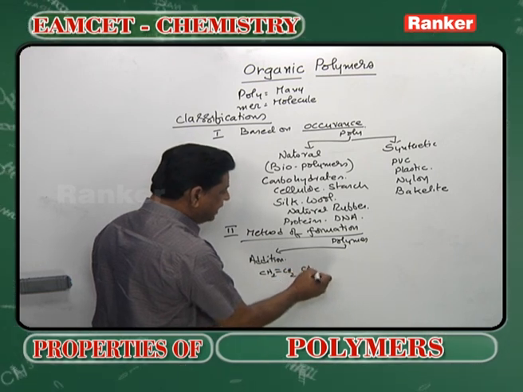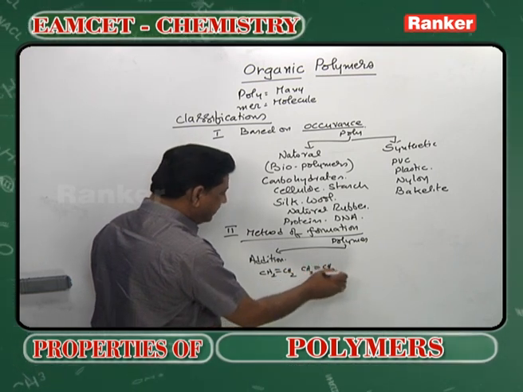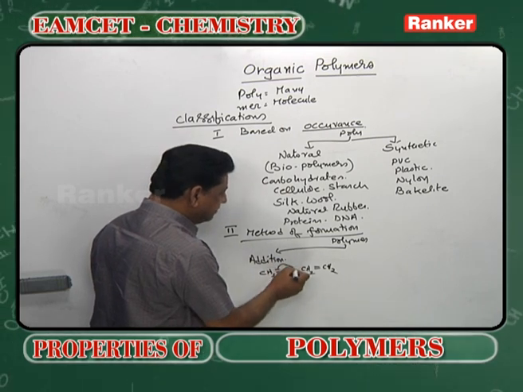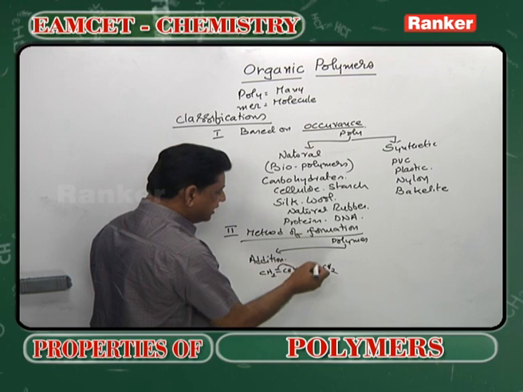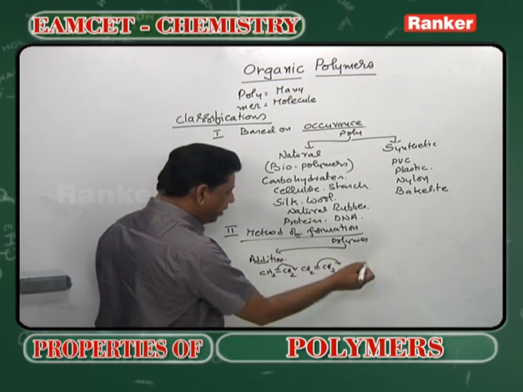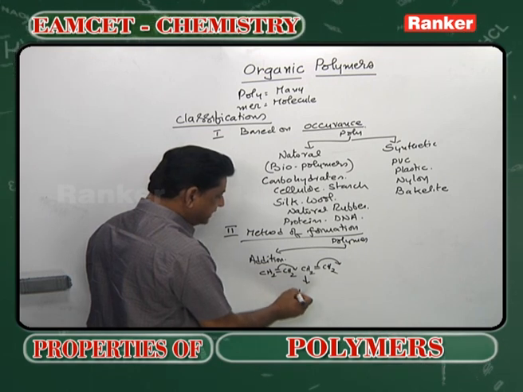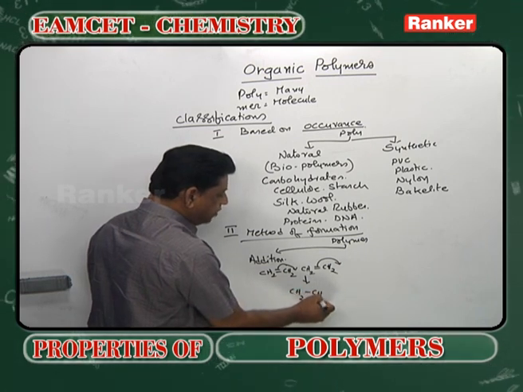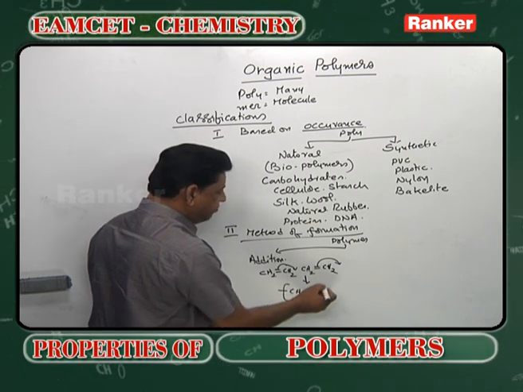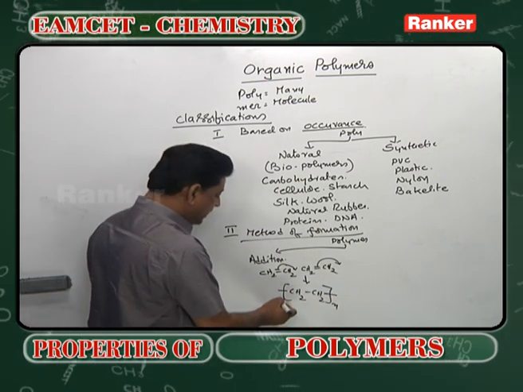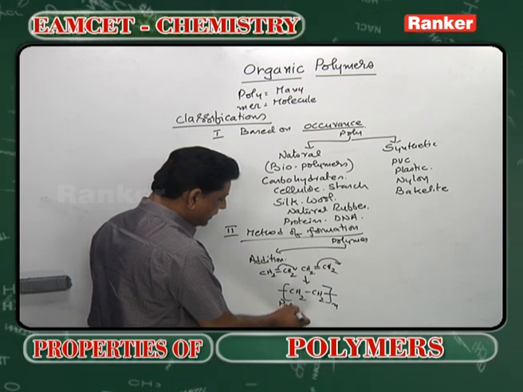The main reaction happening is that the pi bond becomes minus, and the minus attacks on this. In fact, the pi electrons come here and make a bond. A long chain is formed. Finally, what you get is CH2 and CH2 in a long chain, with n number of ethylene molecules joined. This is called polyethylene, or commonly polythene.